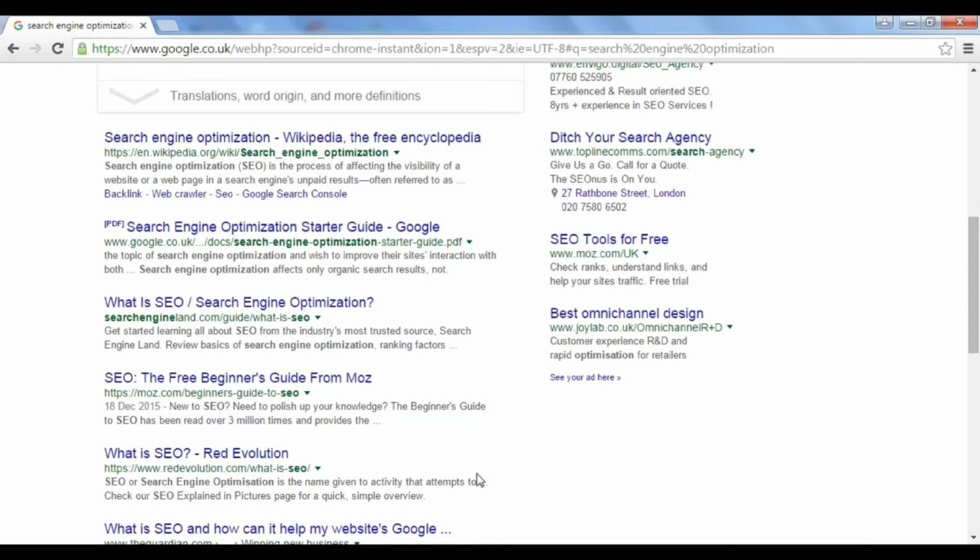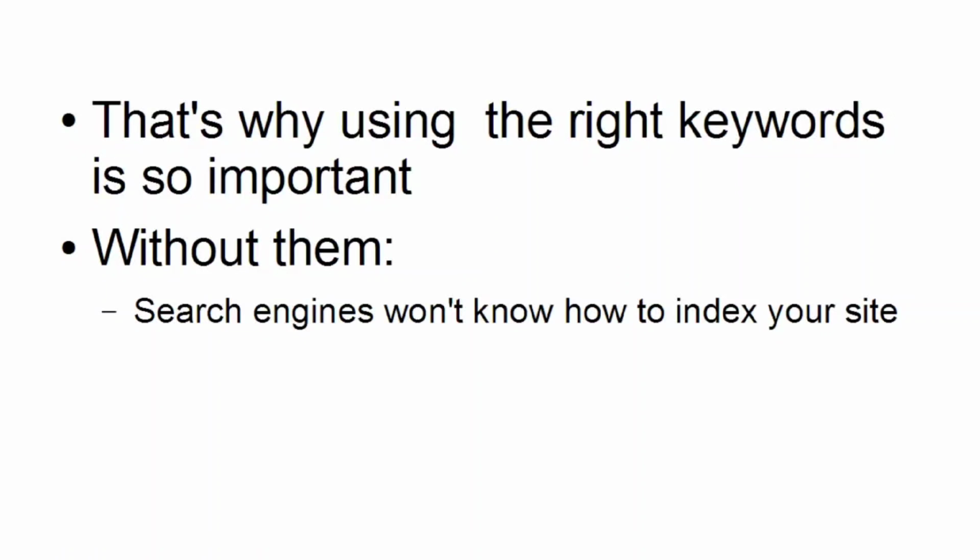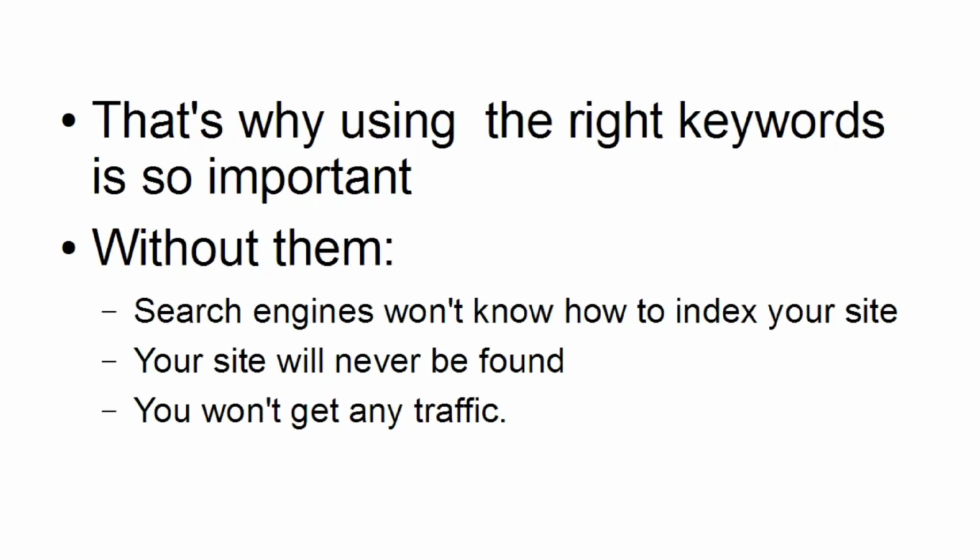So I'll know when I go to each of these sites that they're all about search engine optimization. That's why using the right keywords is so important, because without them, search engines won't know how to index your site. Your site will never be found, and you won't get any traffic.